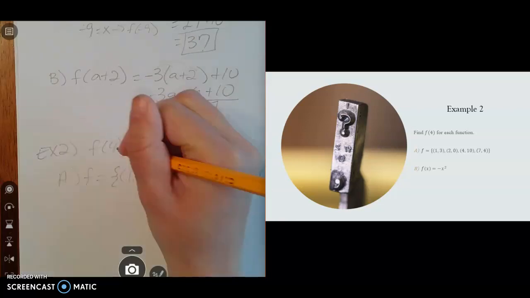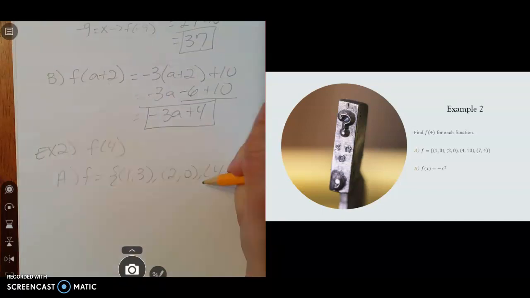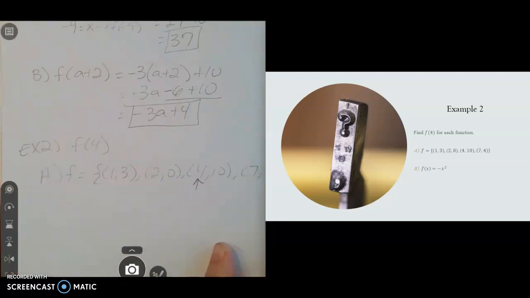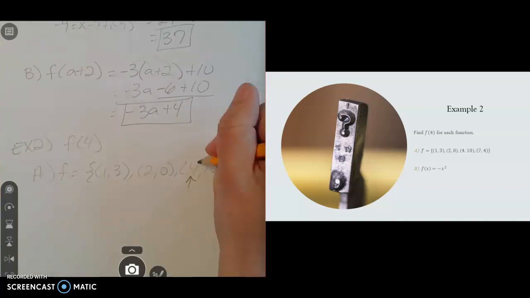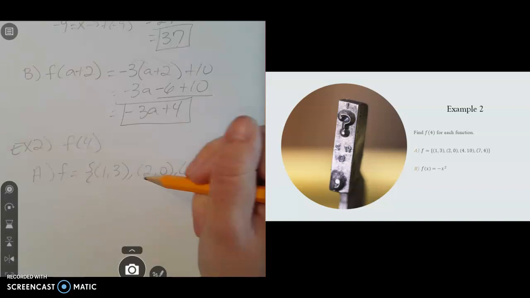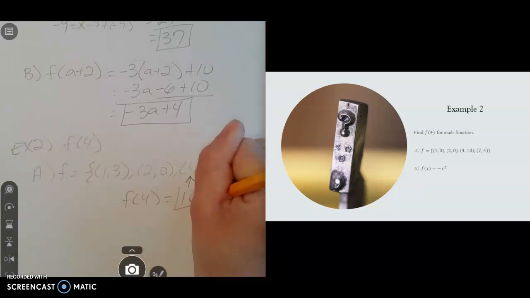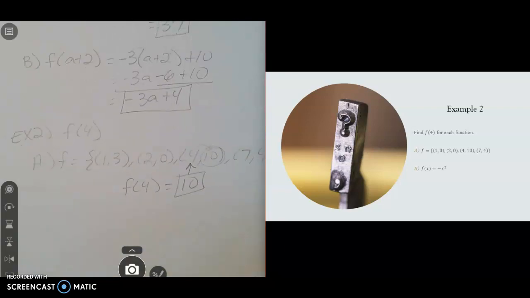So my input is 4, that's my x value. I'm just going to look here and find, where's x equals 4? Oh, there it is. So x is 4 in this point over here, and when x is 4, my y value is 10. So f of 4 for part A is 10, because that's the y value that goes with 4 for my x value.